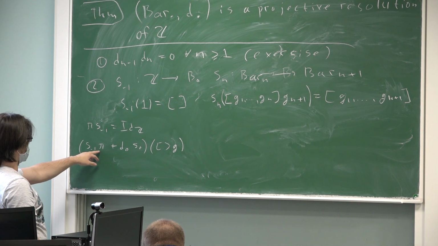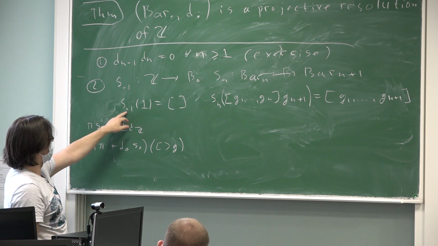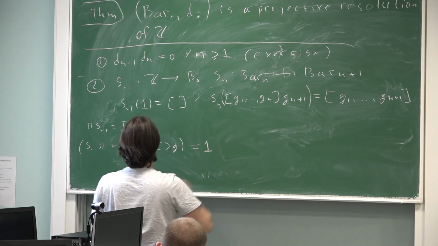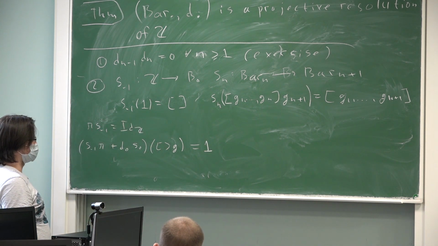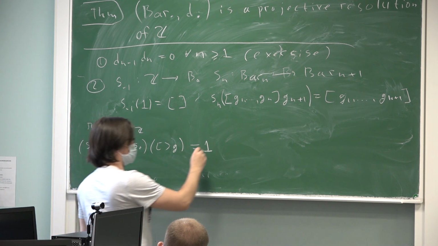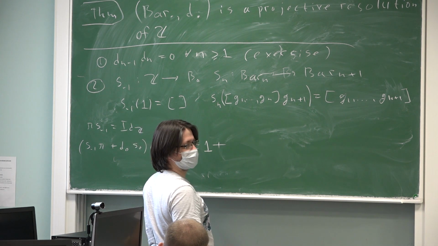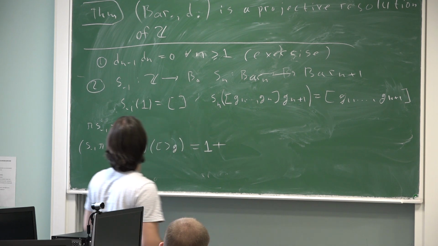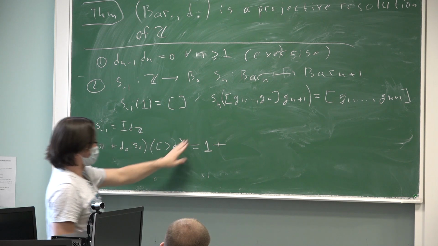So when we apply pi, we obtain 1, and when we apply s minus 1, we obtain 1. Now d0 is 0. When we apply s0 and then d0, we get this empty bracket.